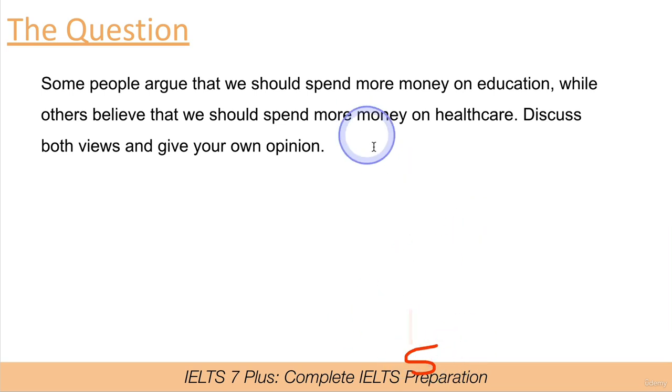These are the paragraphs. However, I like to weave mine into the main body. So I like to do an introduction, the other side that we're not agreeing with, the side that we are agreeing with. So we put our opinion in this one, and then we tie it all up in a conclusion. So that's what I'll do today.